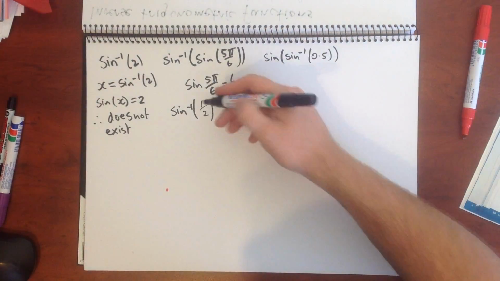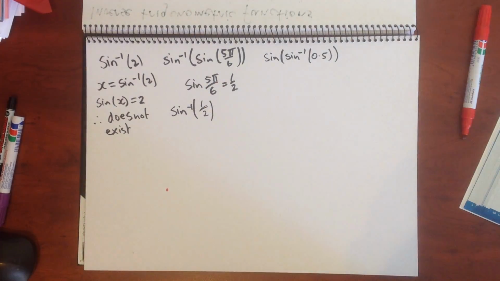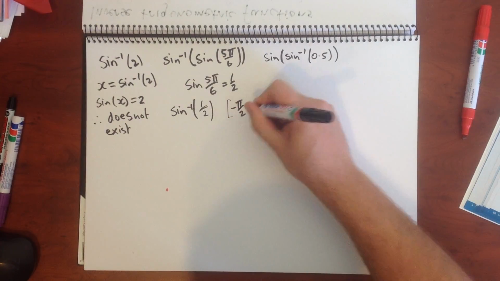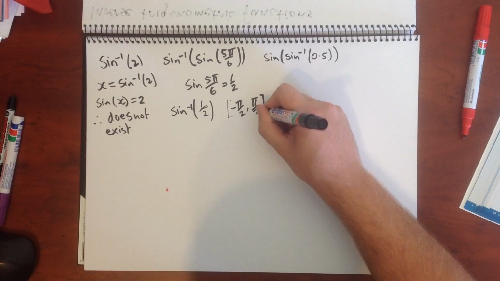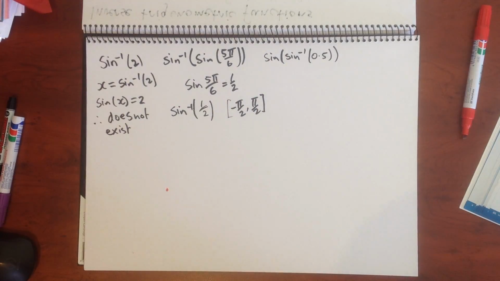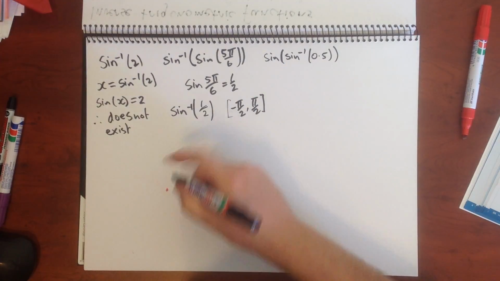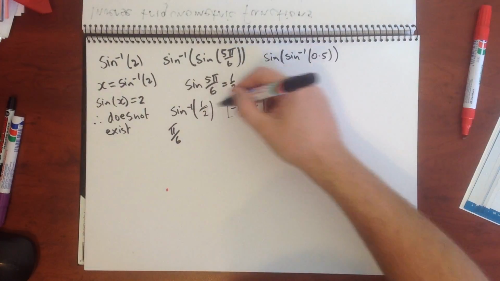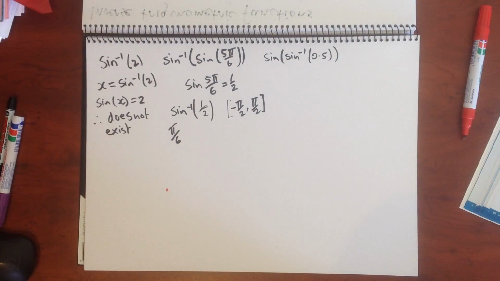Since we're looking at being in here, we only have one solution, because we've got to be in our domain negative pi on 2 to pi on 2. So there's only one solution to that, and it is pi on 6, which is our basic angle for up here anyway, which makes sense.